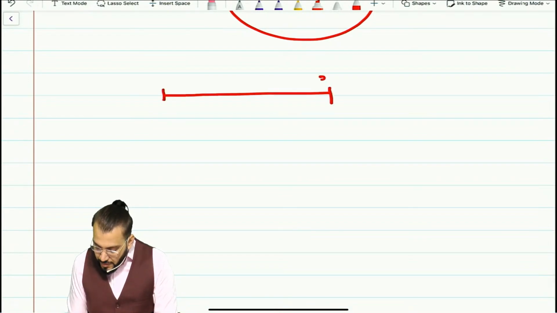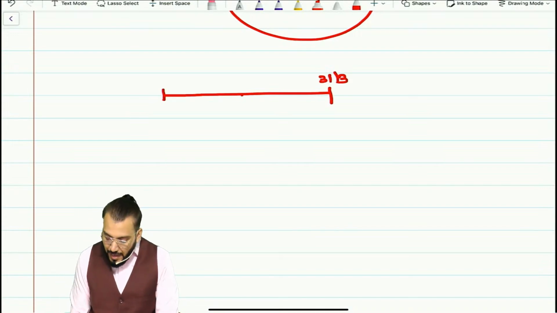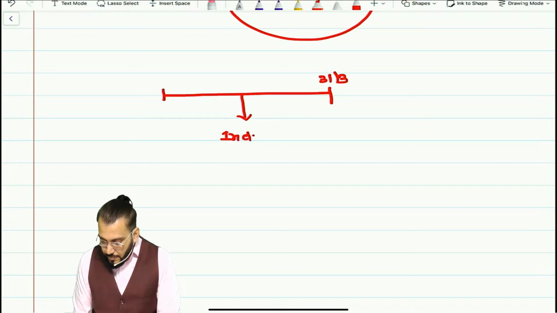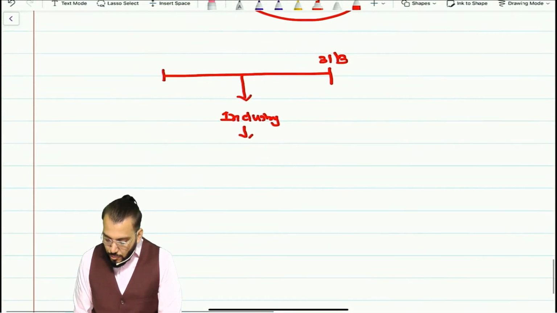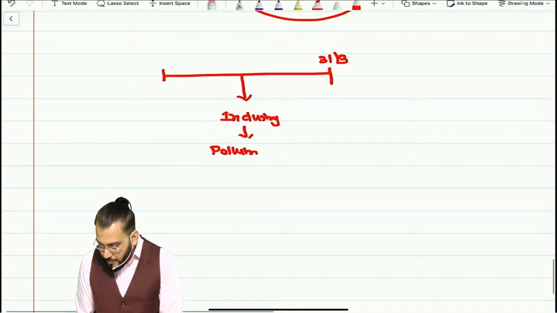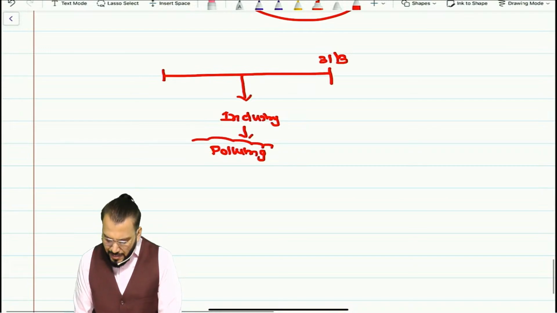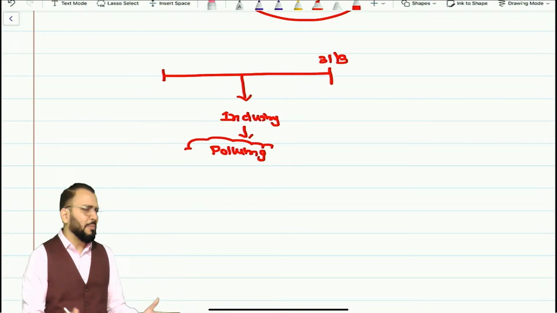Suppose this is 31st March, and you are running one industry, productions, and you are polluting the environment. It can be air pollution, water pollution, or whatever pollution.